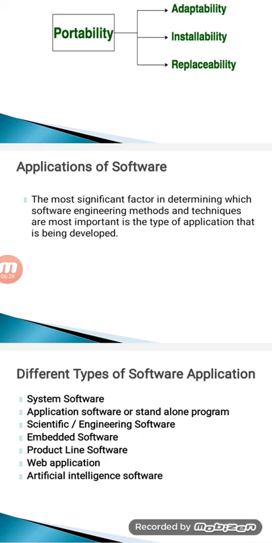When you talk about system software, it's a collection of programs written to service other programs, like compiler, device driver, editors and file management. Okay, all the system software will be provided here with certain collections of programs. The next one is application software or standalone programs.